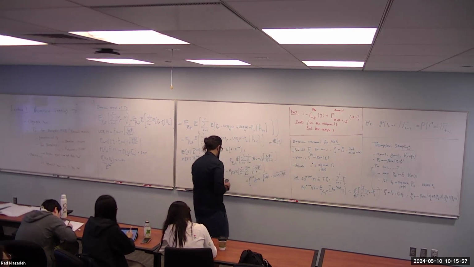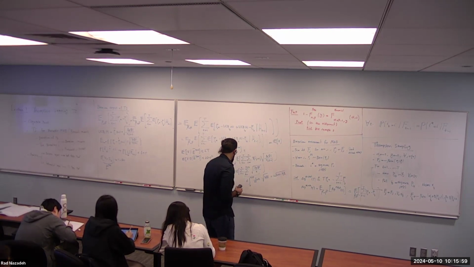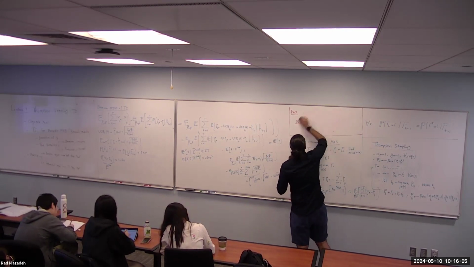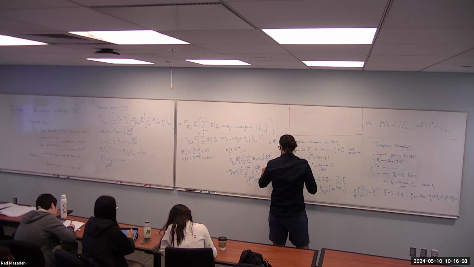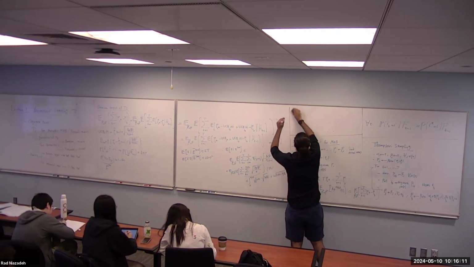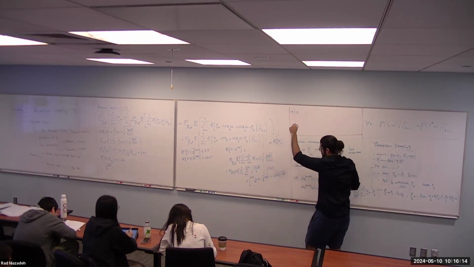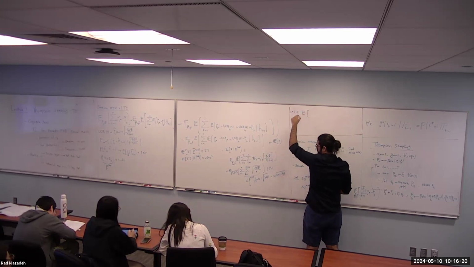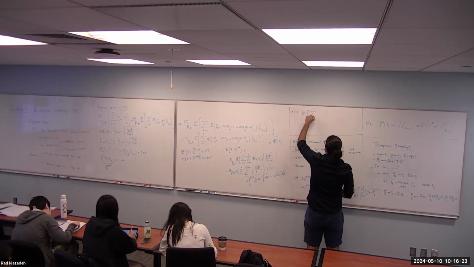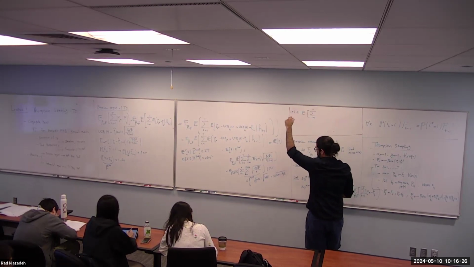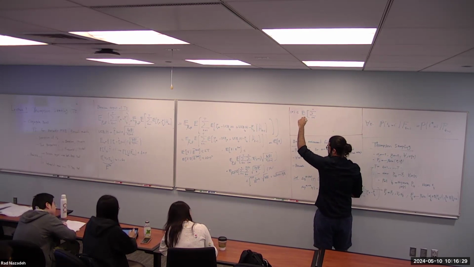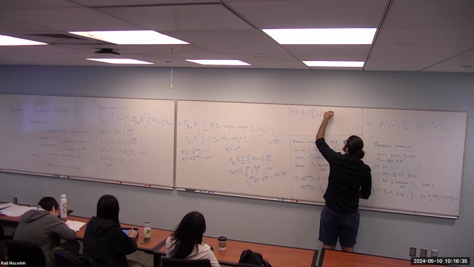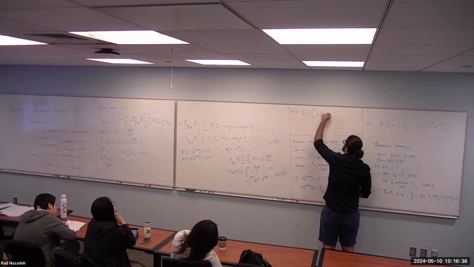Therefore, I can say this whole thing, the star, is upper bounded by just one expectation of the sum over i from 1 to n, times the square root of log 2 over delta times N_i(T).